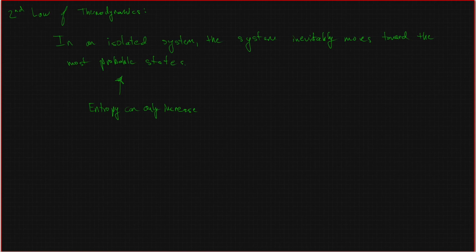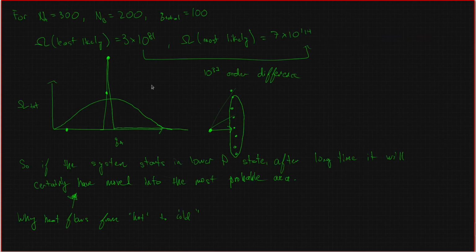A hotter state is more probable for exactly the reason we were just saying before. Every single microstate is equally likely, but it just so happens that what you mean by hotter has a greater multiplicity corresponding to that macrostate.